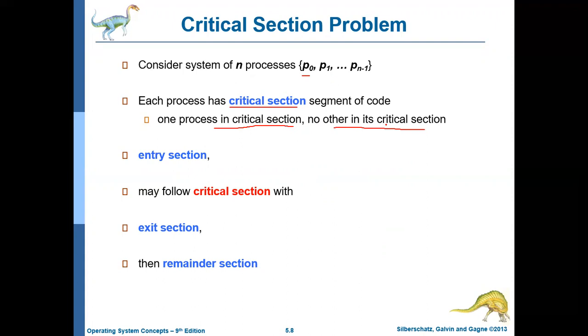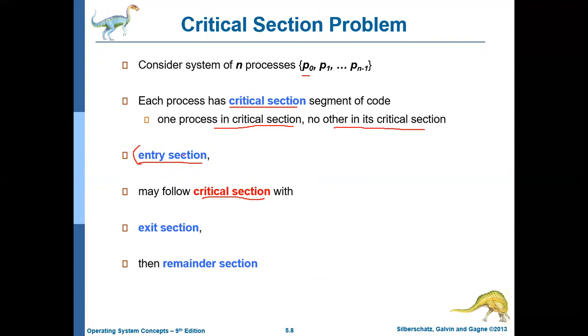Typically, a critical section code will be preceded by an entry section. The code that precedes the critical section, we call the entry section. In this entry section, the process checks whether any other process is currently in the critical section.